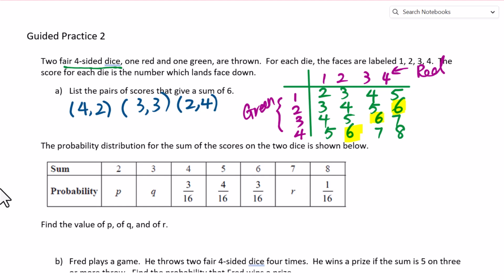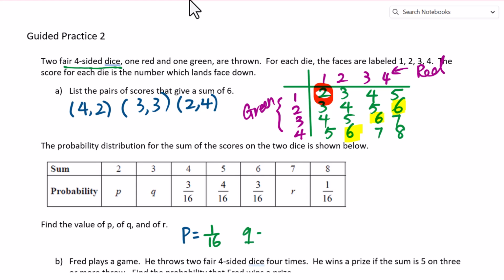The probability distribution for the sum of the scores on the 2 dice is shown below. Find the values of P, Q, R. P equals, check 2. We only have 1, 2, so the answer is 1/16.